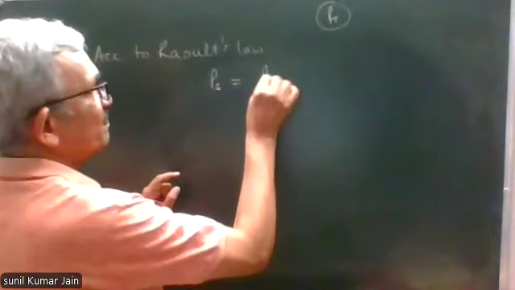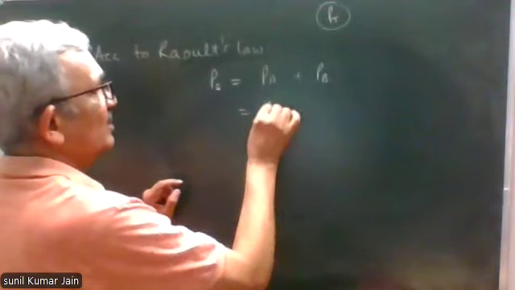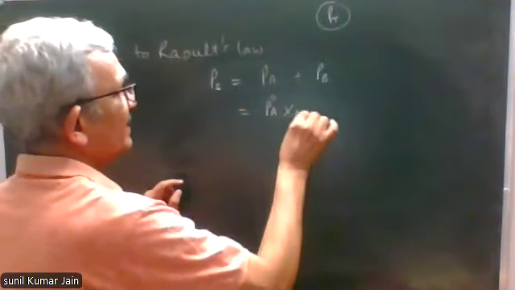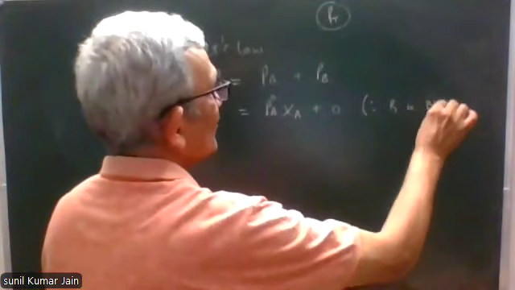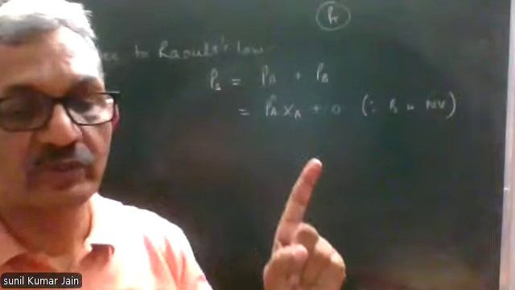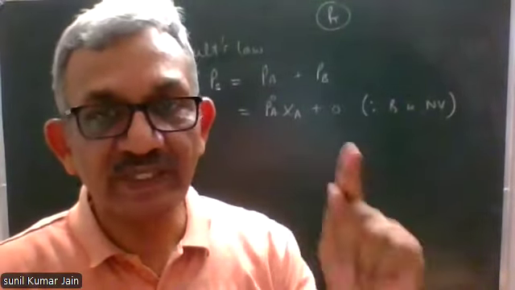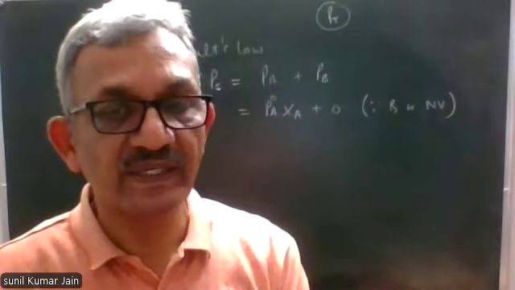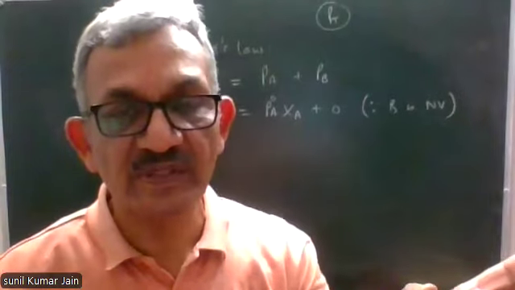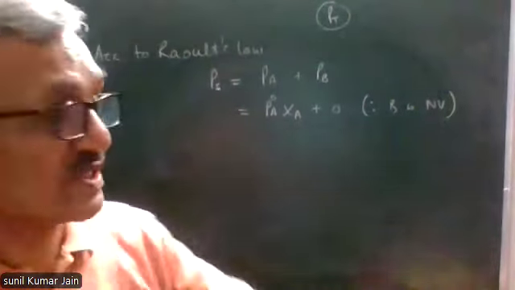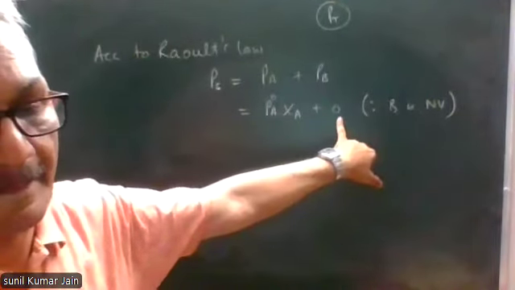So PS is equal to PA plus PB, which is equal to P naught A chi A plus 0. If you remember, I told you in this chapter, B will stand for solute. Solute in the present topic is non-volatile. And since B is non-volatile, it will not form vapors. Since it does not form vapors, it means the partial vapor pressure of solute will be 0.